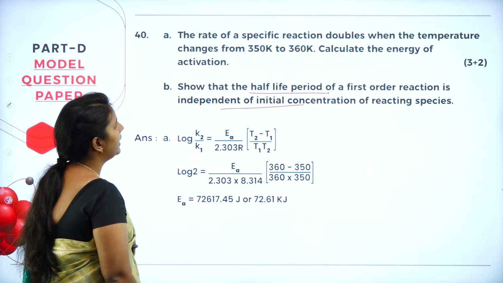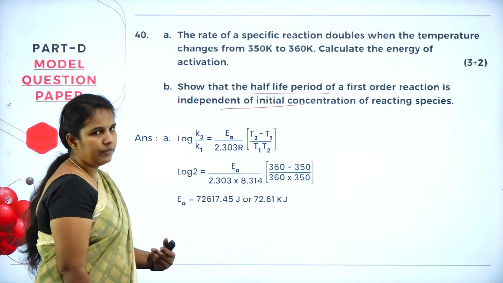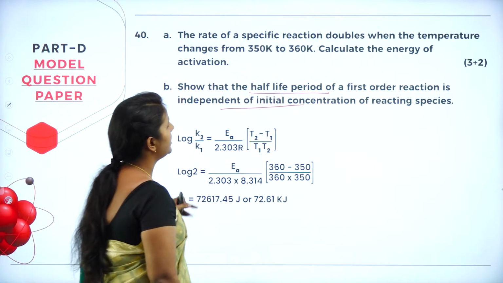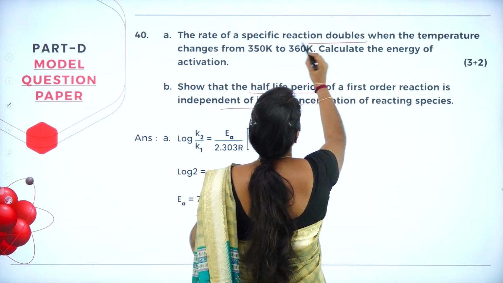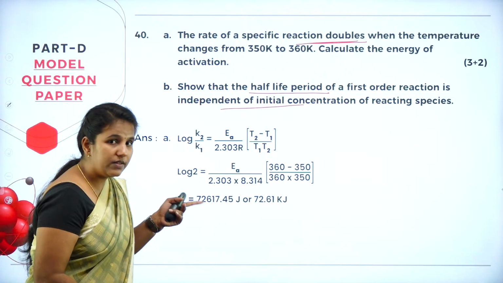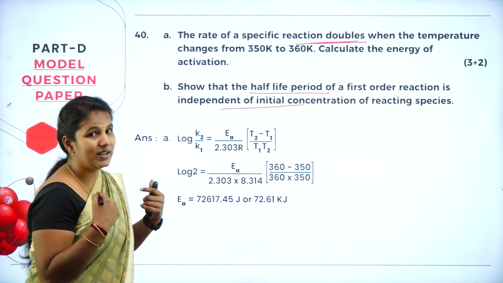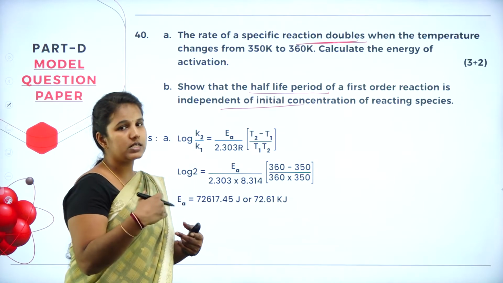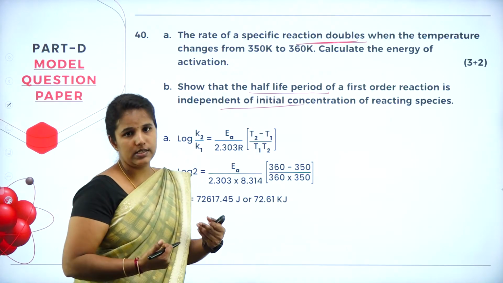We need to calculate the energy of activation, and they have given that the rate of the specific reaction doubles. What does it mean? They have not given the values for K2 and K1, but they are saying that the rate of the reaction doubles when temperature is raised from 350 to 360.